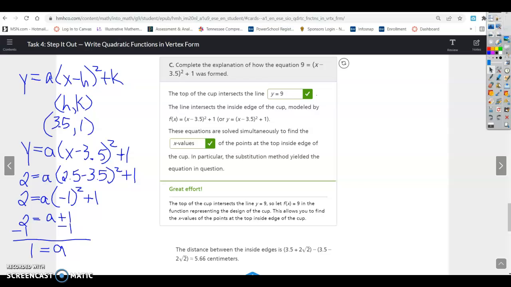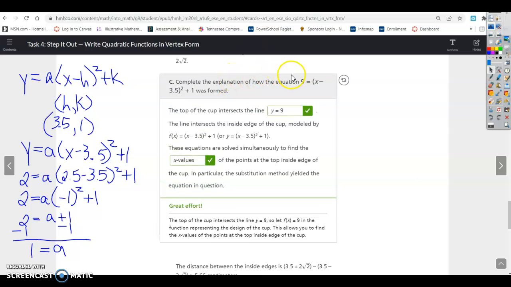But that is another way to look at it, is by graphing those two functions. Graph the one function y equals 9, and then graph the other function x minus 3.5 squared plus 1, and then find the intersection where they cross. But here they just substituted 9 in and then solved for x.